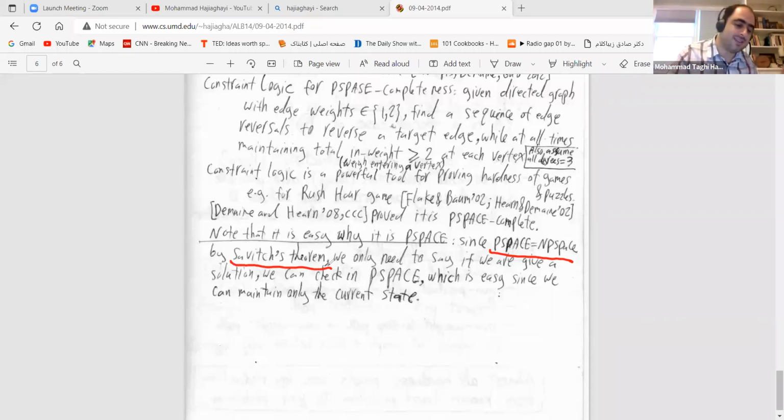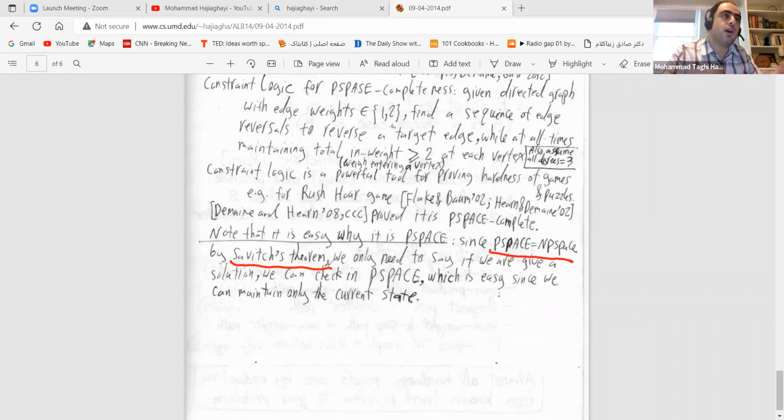Now, to say that I can solve this problem in polynomial space, in general you can guess and then solve the problem. You can try all possible guesses. But because PSPACE equals NPSPACE, you don't need to do all this.